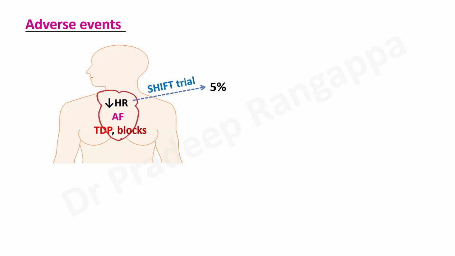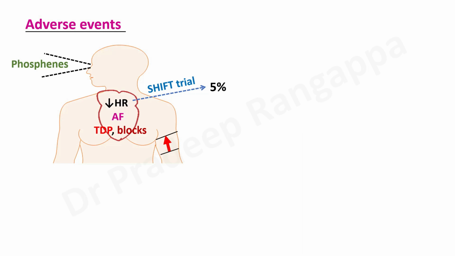In the SHIFT trial, as you saw in the data, symptomatic bradycardia occurred in 5% of the patients. Hypertension is another side effect of Ivabradine. And there is a unique side effect of Ivabradine called phosphenes. In the retina there are these F channels, and Ivabradine can act there and cause lightning-like symptoms, something like floaters.